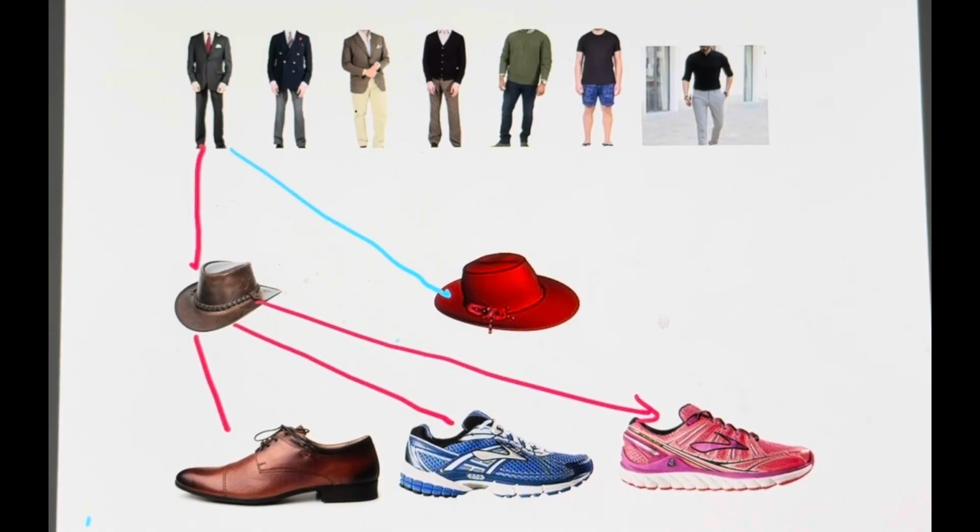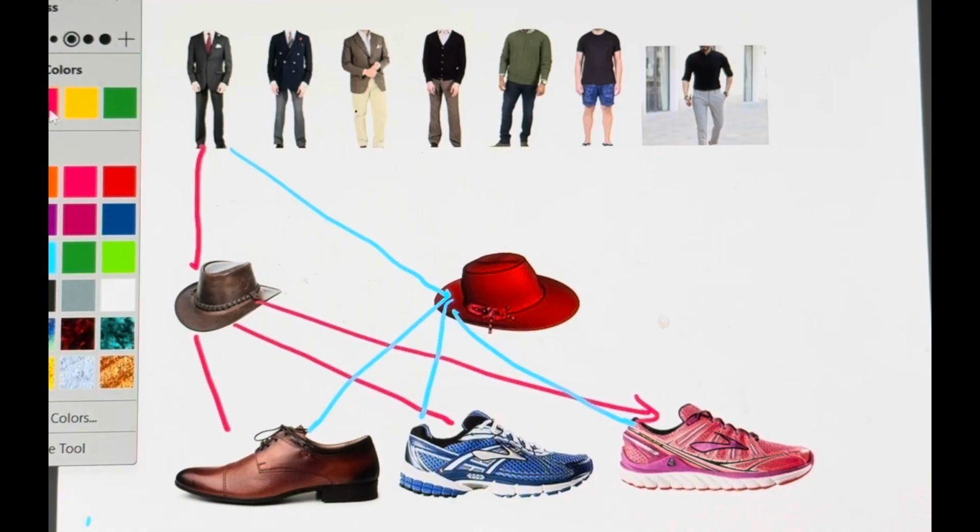With this hat, again there are 3 options with the shoes: 1, 2, 3. So for one dress, how many possibilities are there? 3 with this hat and 3 with this. So total 6 possibilities with one dress.